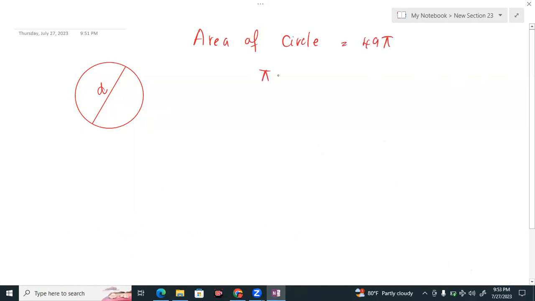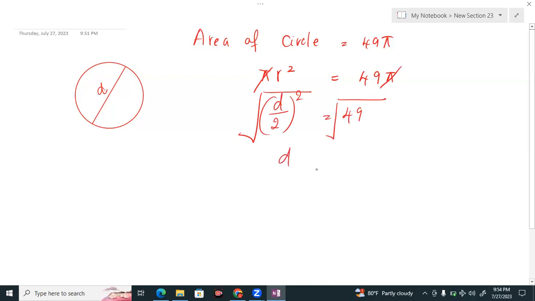We know that the area of a circle is πr squared, equal to 49 times π. Then π can be cancelled. To find the diameter, substitute r by d over 2. It is d over 2 squared equals 49. Now take the square root of both sides. Then d over 2 equals 7. Then to find d, 2 into 7 is 14 centimeters.